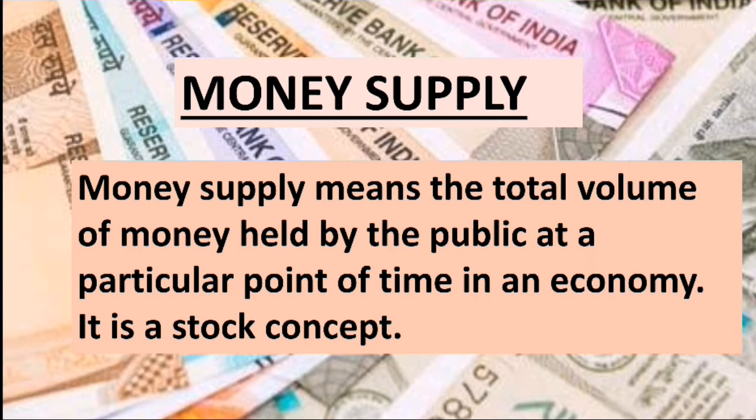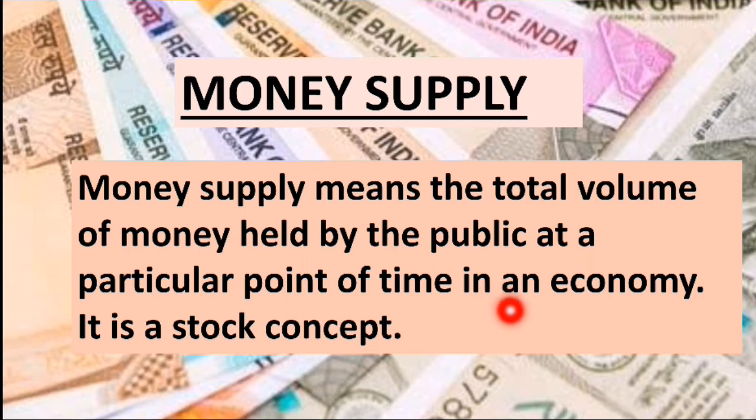Since here we are measuring money supply, the amount of money in circulation in the economy at a particular time, that's why it is a stock concept, right? You are already aware that stock concepts are those concepts which are measured at a particular point of time. Okay, so if I'm saying money supply, I'm asking how much money is in circulation in the economy at this point, at this time, right? So that would be money supply.